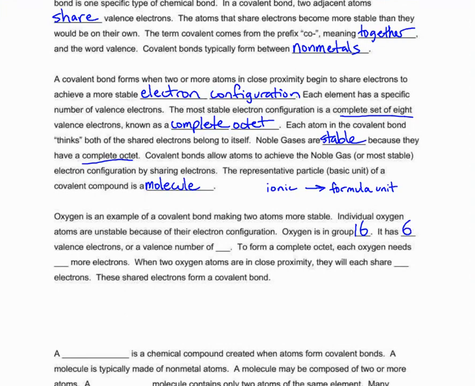You could also say valence number of 6, which is the same thing as 6 valence electrons. To form a complete octet, each oxygen is going to need 2 more electrons. So what happens when 2 oxygen atoms are in close proximity? They're each going to share 2 of their electrons, and these electrons are going to form covalent bonds.